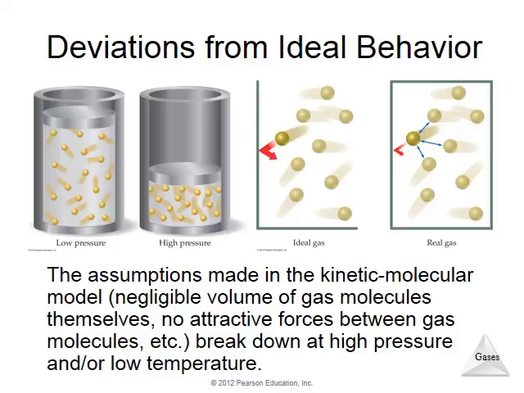Now you can see here the difference between ideal gas and real gas. In ideal gas, there are no attractive forces among them. On the other hand, for real gas, you see on the right hand side, there is an attractive force within the gas molecules, and that would try to hold on to the gas molecules nearby.